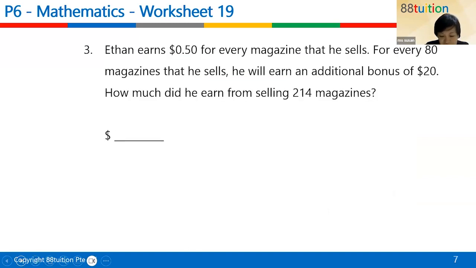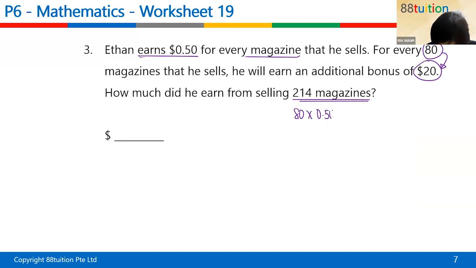Ethan earns 50 cents for every magazine that he sells. So he earned a 50 cent. And every 80 of it, he will earn an additional bonus. So this is additional. How much did he earn from 214 magazines? So many he sold. Okay, so let's take a look at the each is 50 first.